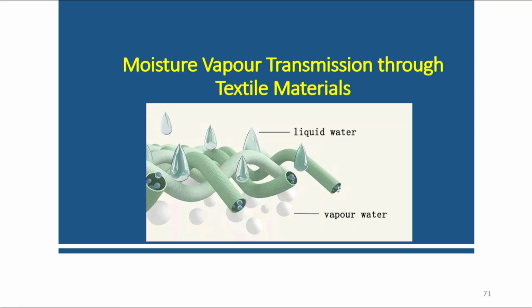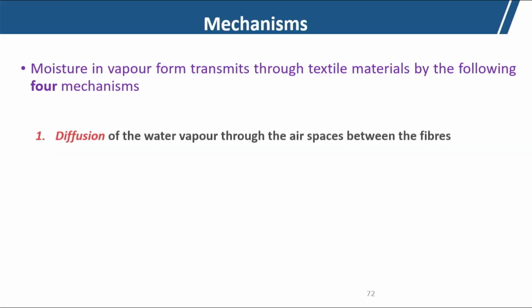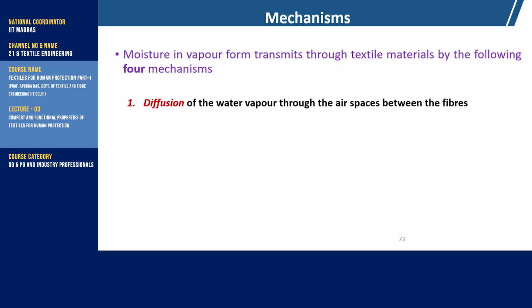Moisture vapor transmission is extremely important to create comfort. Moisture vapor transmits from the human body to the environment through 4 different mechanisms. One is the diffusion of water vapor through the air space between the fibers.